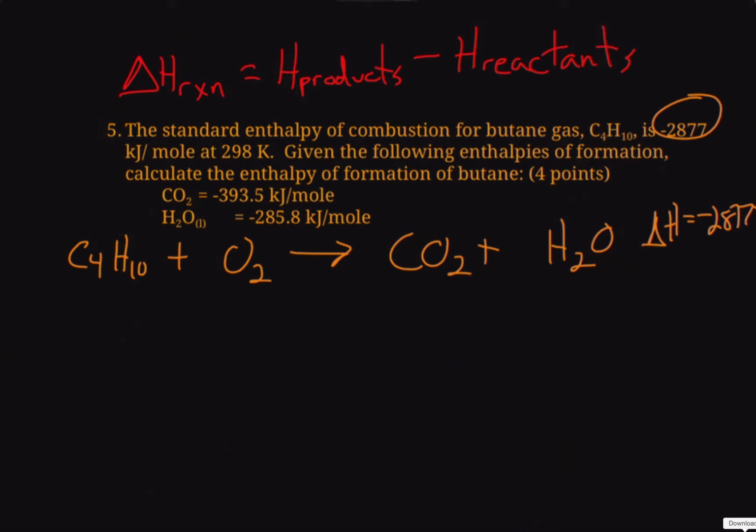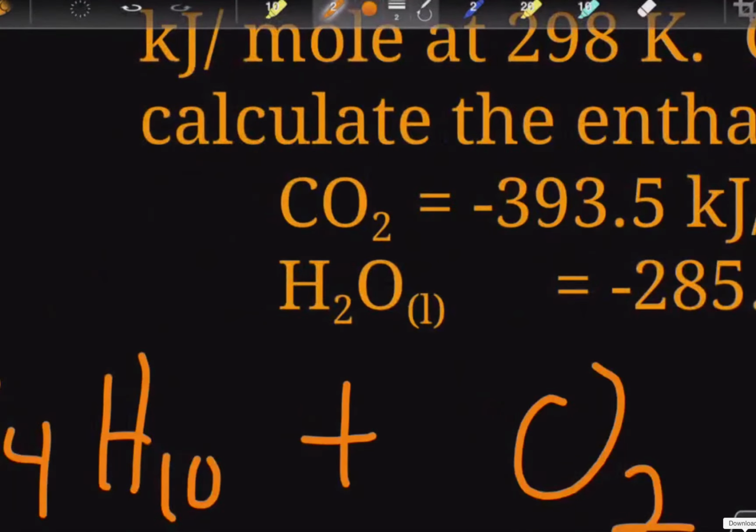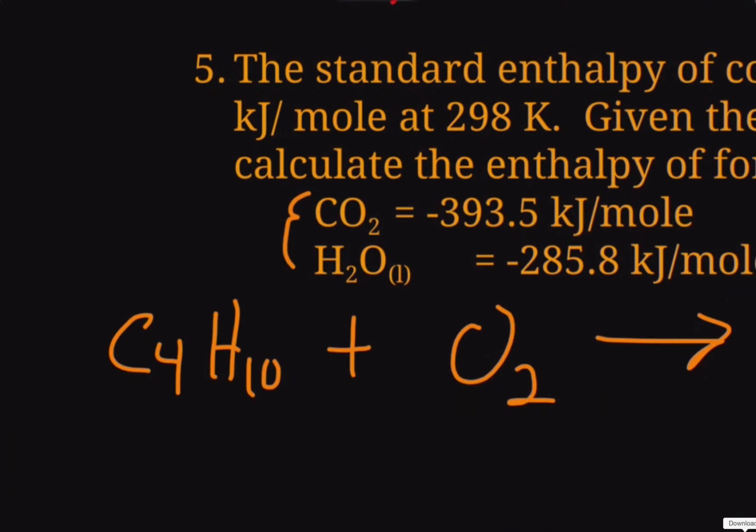Now it's not balanced yet, so we have to balance it before we can do the math, because the numbers for the heat of formation here are per mole, so we need to know how many moles it is, and then we have to adjust the numbers accordingly.